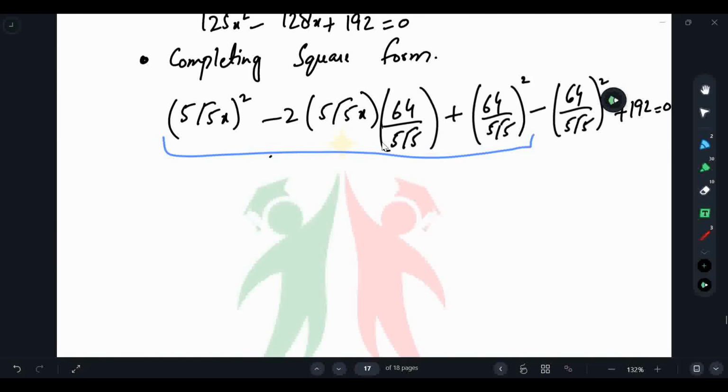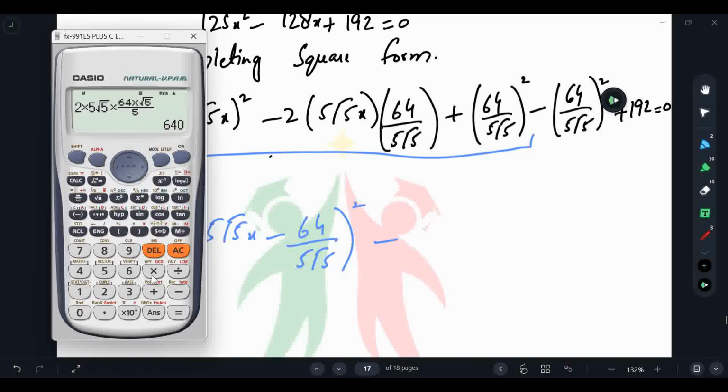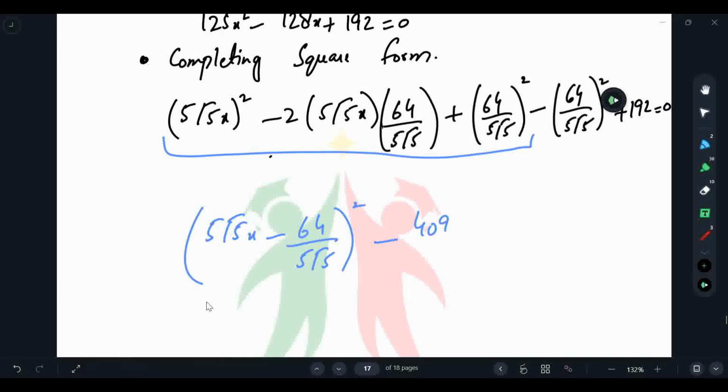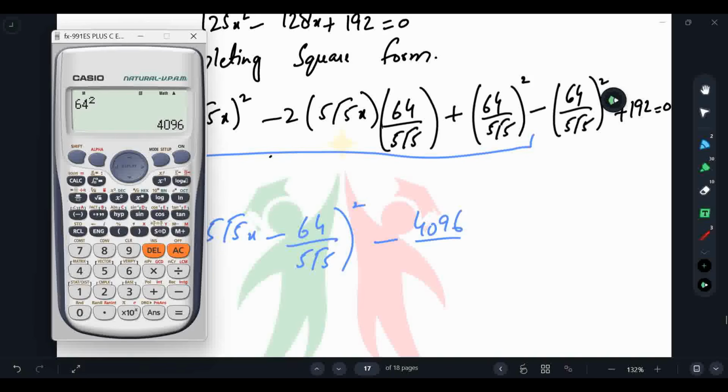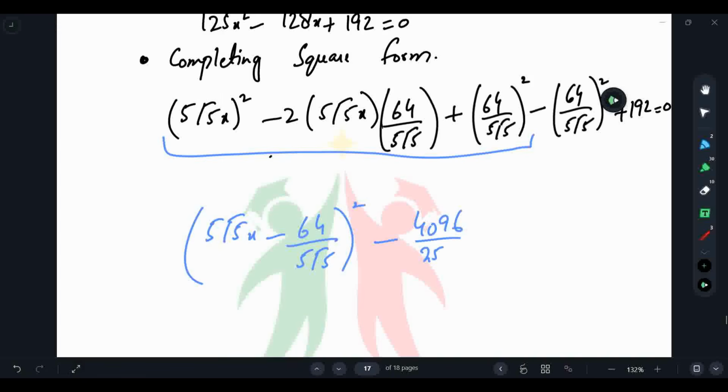So we can write it as a minus b whole square, minus, this will be 64 square, so 4096 divided by 5 square means 25 into 5, plus 192.